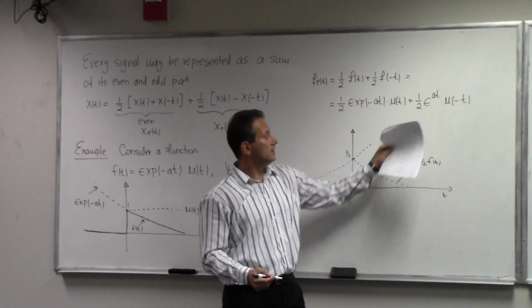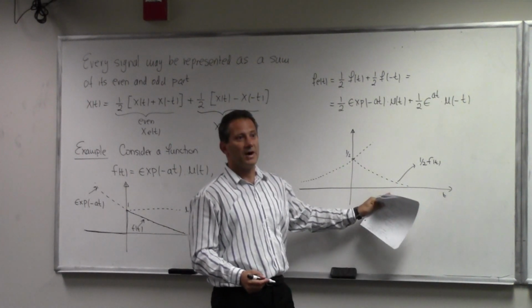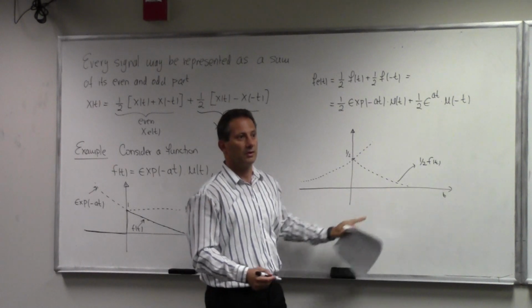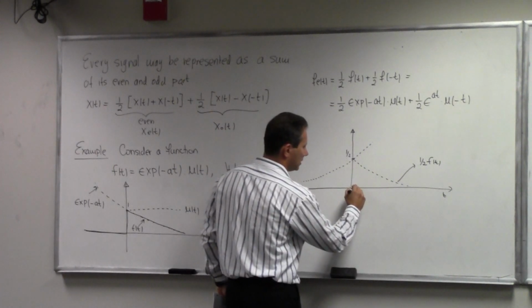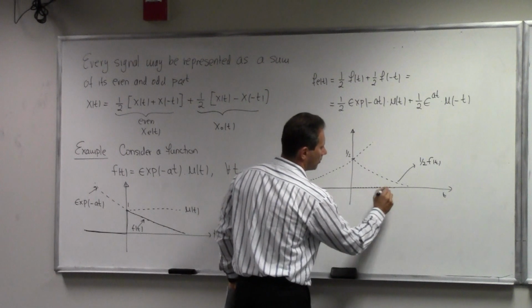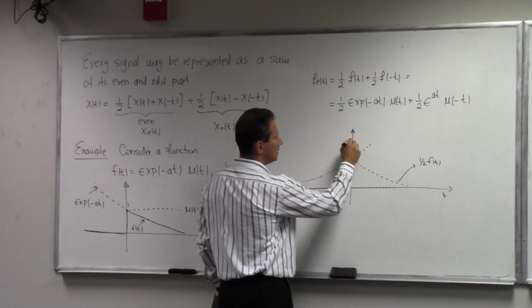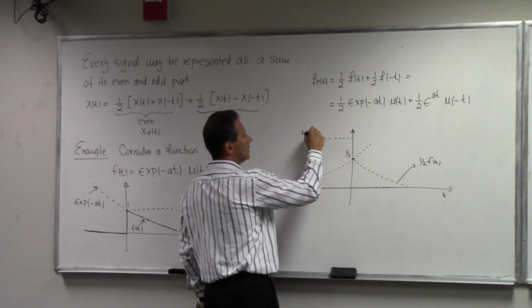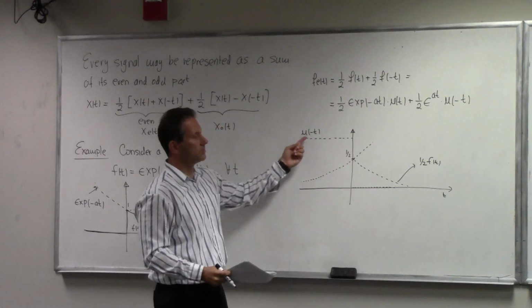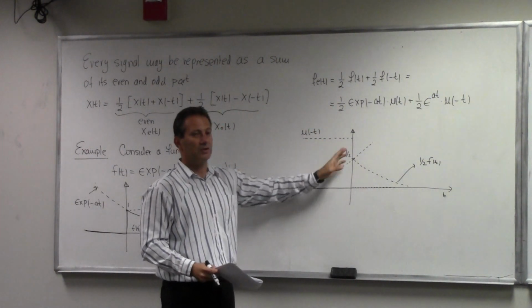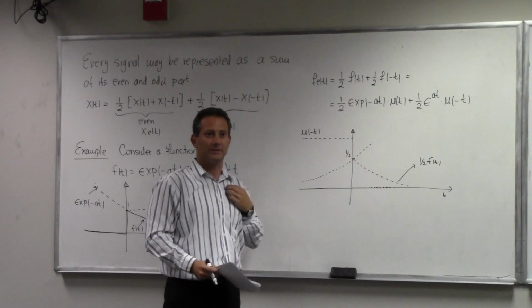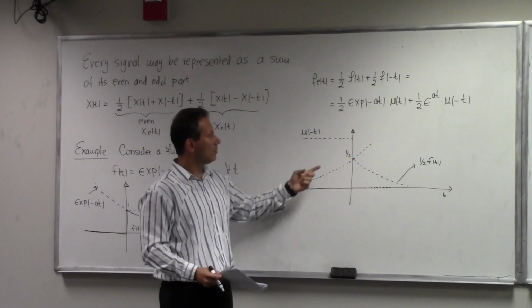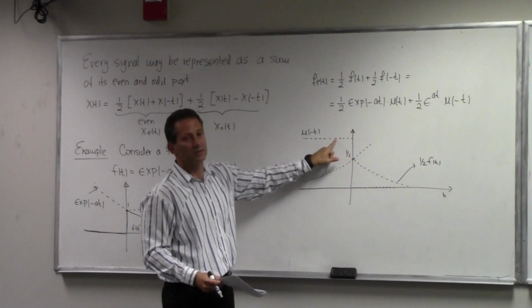So when t is positive, u of minus t is equal to 0, right? So this is u of minus t. It is equal to 0 for all positive t's, and then it is equal to 1 for all negative t's, right? Because the negative t makes minus t positive, so this one turns to the left.